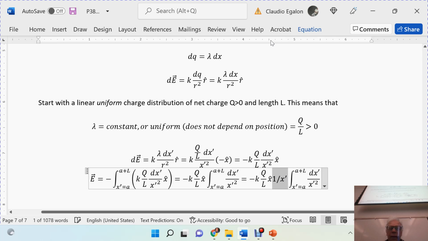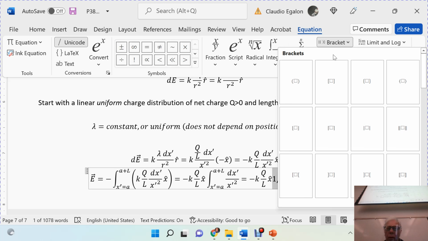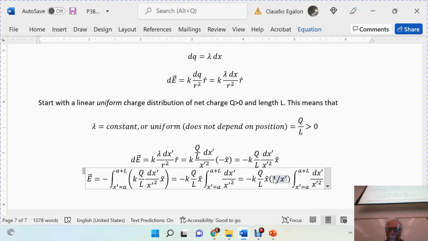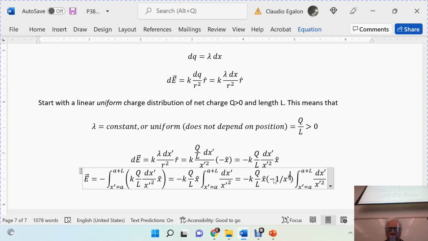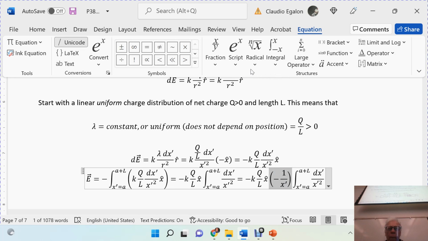I gotta put a negative sign as well. Wait a minute. Oh no, yeah, that's right. Put here a parenthesis. And we put the negative sign in front of, right? When we differentiate minus 1 over x prime, we get plus 1 over x prime squared, right? And then we can apply the limits as well.